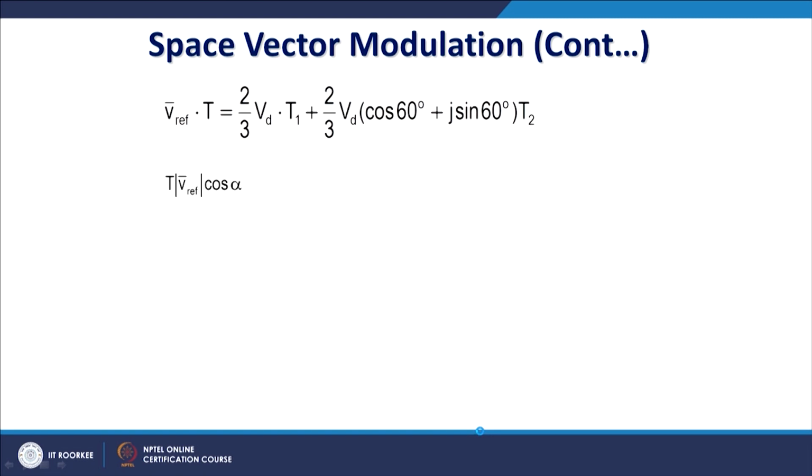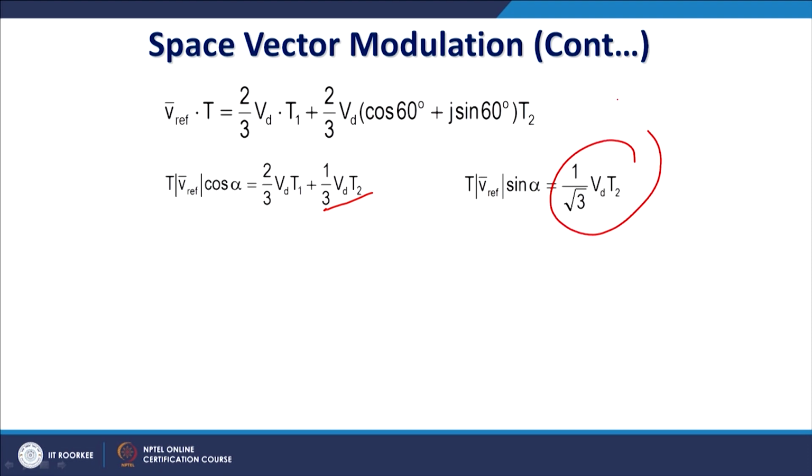So, from there we can write Vref into cos alpha should be 2/3 Vd into T1 plus 1/3 Vd into T2. Similarly, since there is no component of V1 in the y axis, the y axis equation is Vref into sin alpha equals 1/3 Vd into T2.